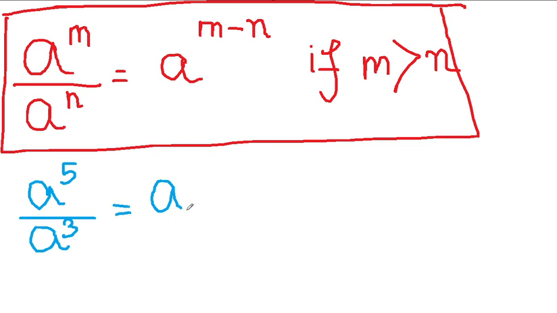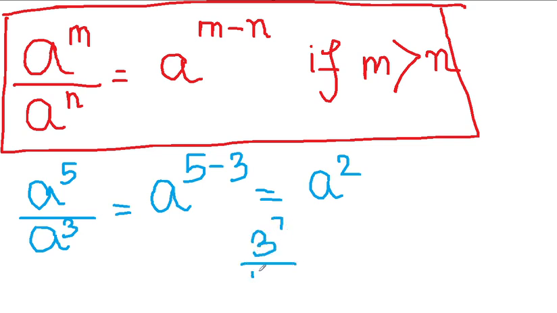So the answer would be a to the power of 5 minus 3, and that would give me a squared. Did you understand? That is an example. Or in case you want to put a value of a, that's also fine: 3 to the power of 7 over 3 to the power of 4. That would be 3 to the power of 7 minus 4. Just because the power here is in the denominator, we just take it to the top.